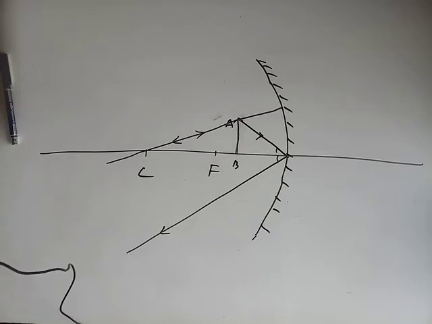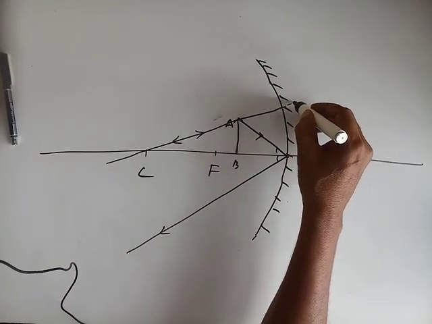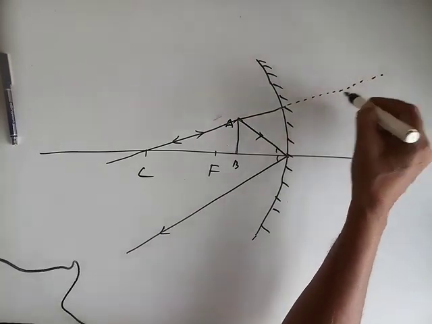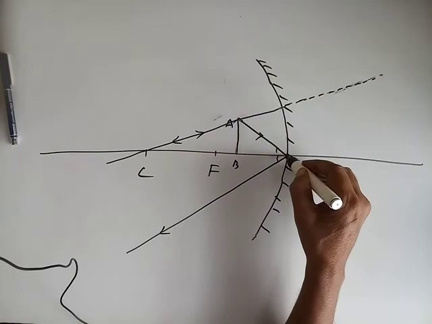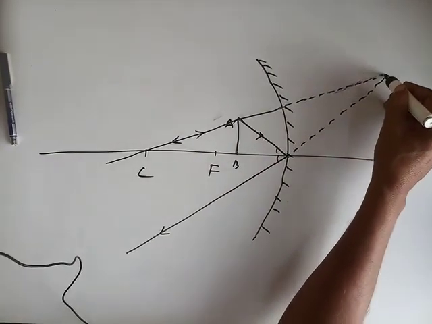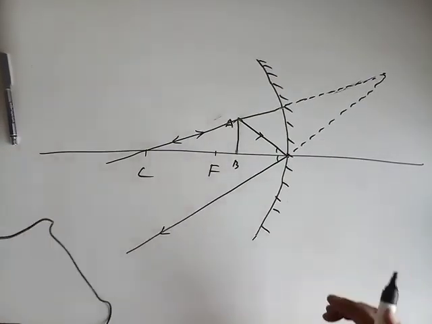Therefore, in this case, you have to produce them backward, like this. This dotted line means this is a virtual ray. It is like this. So this is a virtual ray.